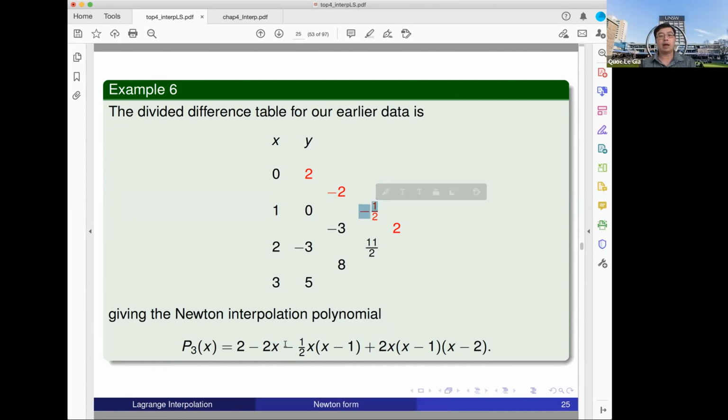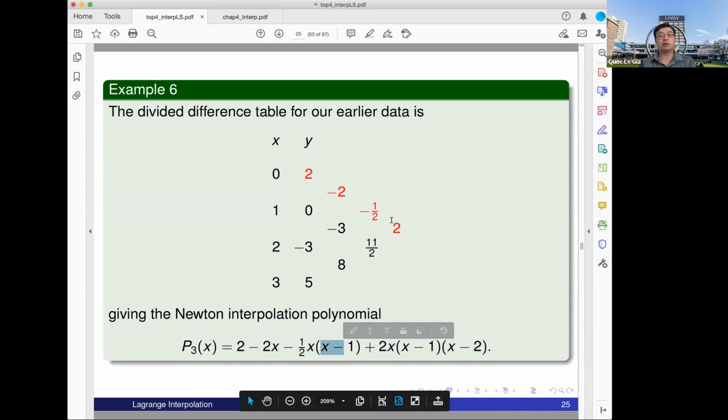So you got minus 1/2 here, and the product of x minus 0 and x minus 1. And the last one is 2, and you got the product of x minus the first point, x minus the second point, and x minus the third point. So it's very simple to compute the divided difference table once you have the formula. So once you prove it.